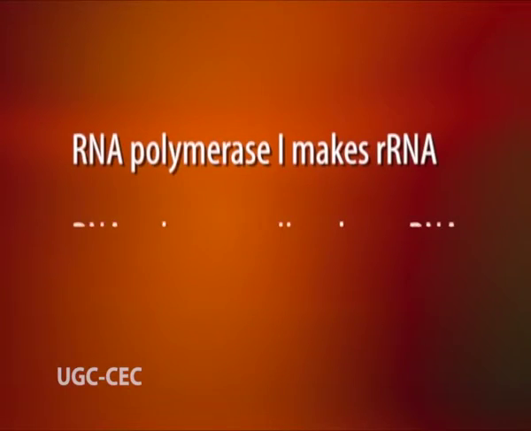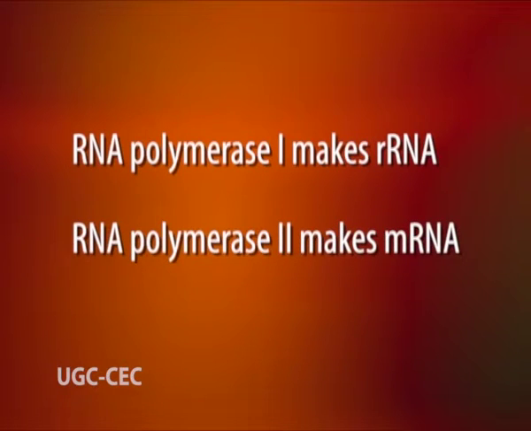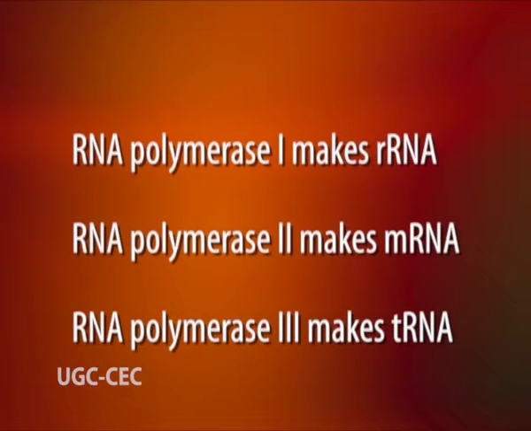In eukaryotes, each type of RNA is made by its own polymerase, like RNA Polymerase I makes rRNA, RNA Polymerase II makes mRNA and RNA Polymerase III makes tRNA. Moreover, RNAs are synthesized in the nucleus of eukaryotes, but get transported to the cytoplasm for protein synthesis.